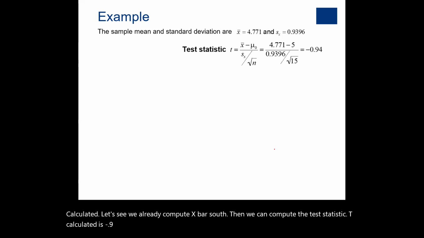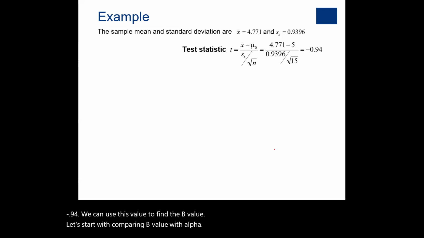We can use this value to find the p value. Let's start with comparing the p value with alpha. We know if the p value is less than alpha, then we reject H naught.